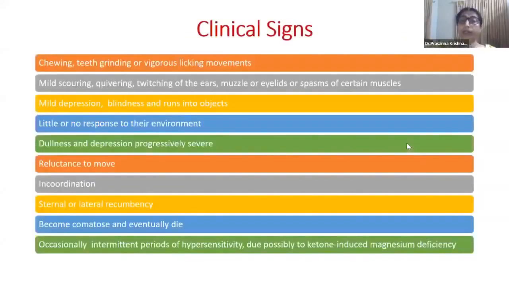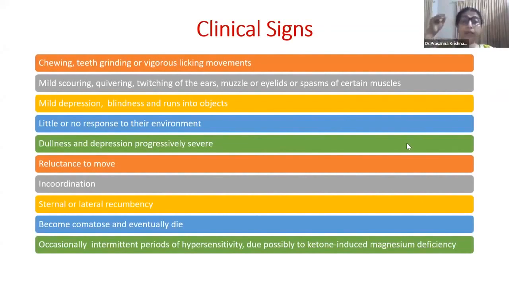Signs in this pregnancy toxemia: the animal shows different types of clinical symptoms like chewing, teeth grinding, or vigorous licking movements. Then staring will be there. Then twitching of the ears and muscles, eyelid spasm, depression, blindness.